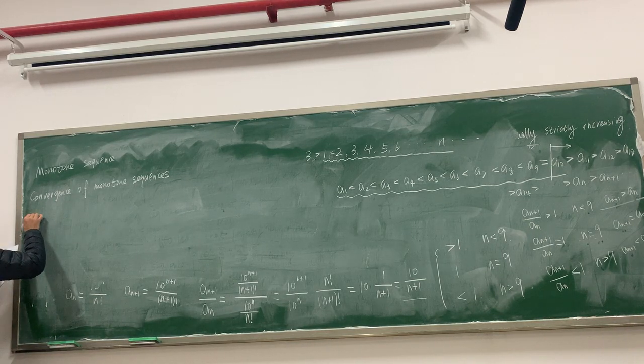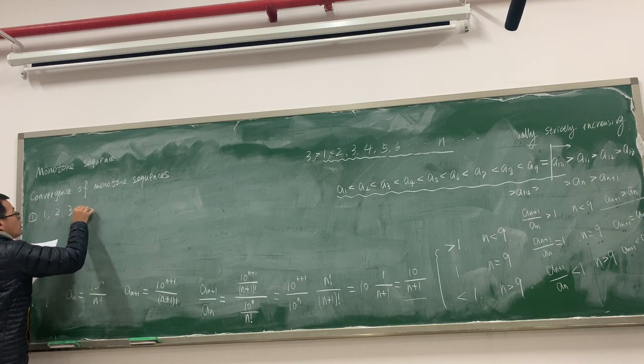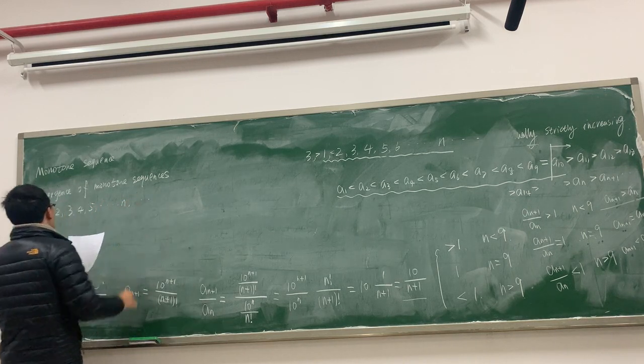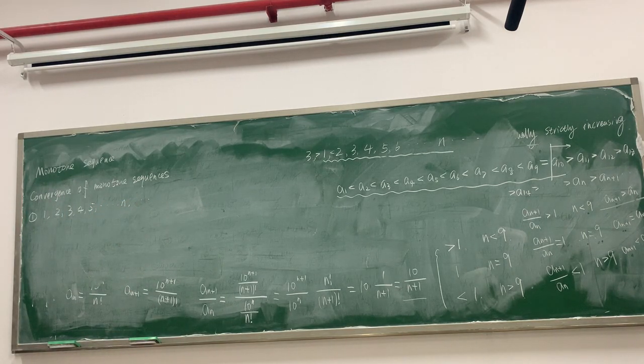Now we see some examples. The first example: 1, 2, 3, 4, 5, go on, n. For this sequence, it's easy to see it's strictly increasing.